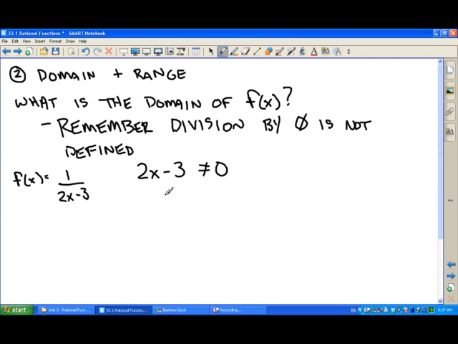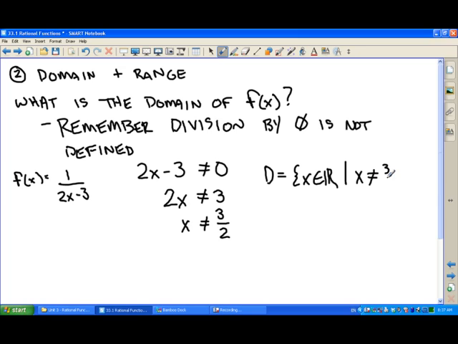So manipulating this algebraically, we know that 2x cannot equal positive 3, and x cannot equal 3 halves. So for our domain, x would be an element of the real numbers such that x cannot equal 3 halves.